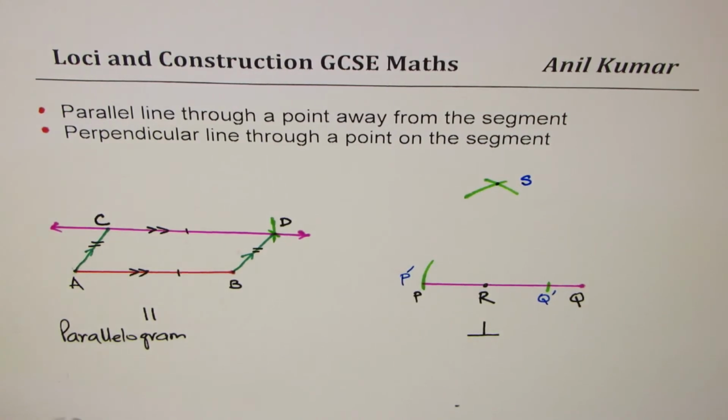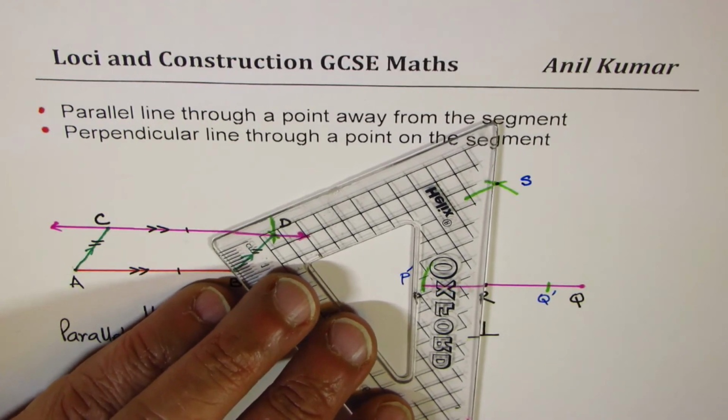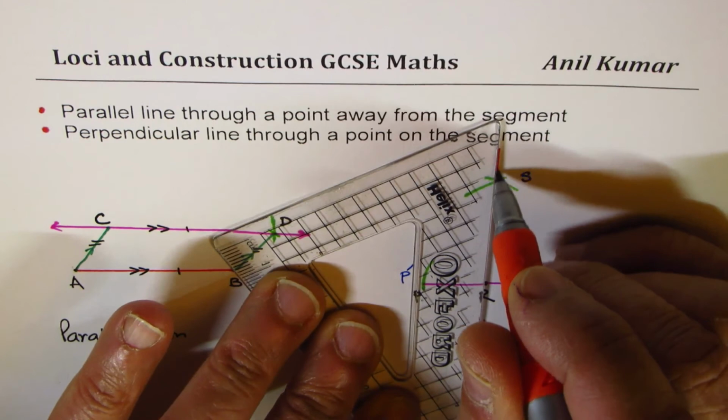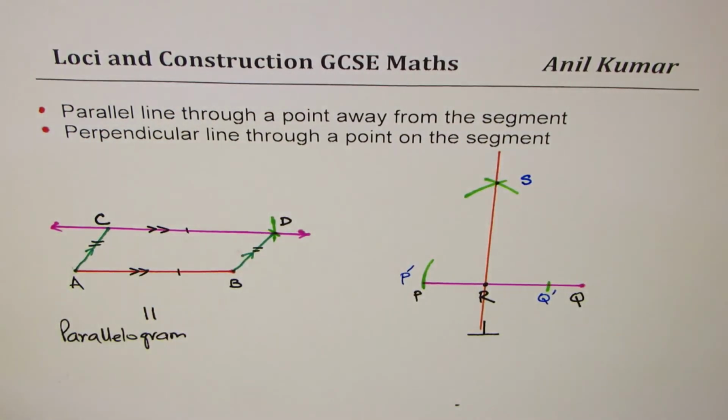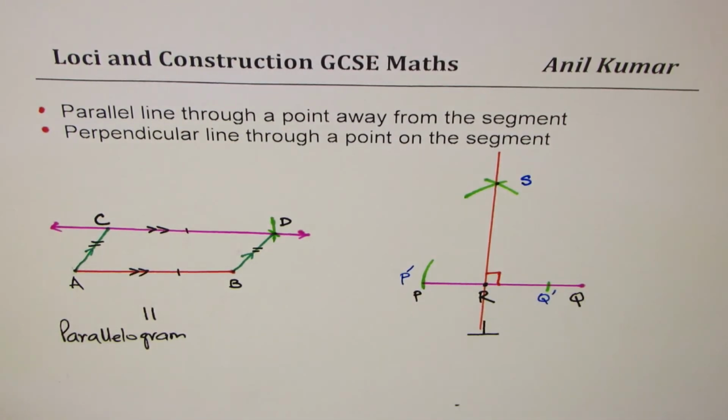Connect it with R. And then what you get is a line which is perpendicular to the line segment at R, right? So if you measure this, it is going to be 90 degrees.